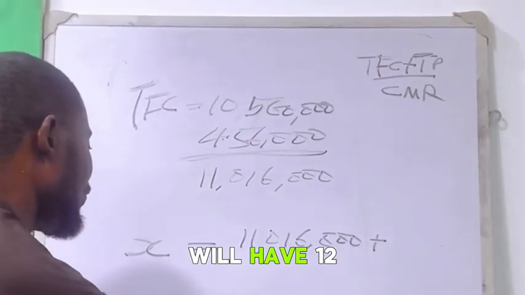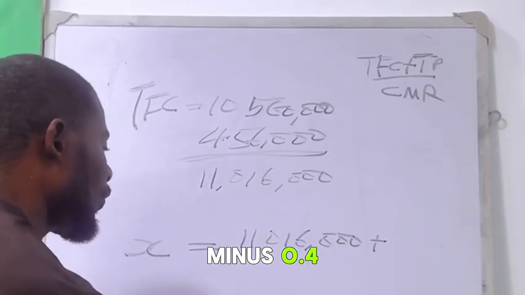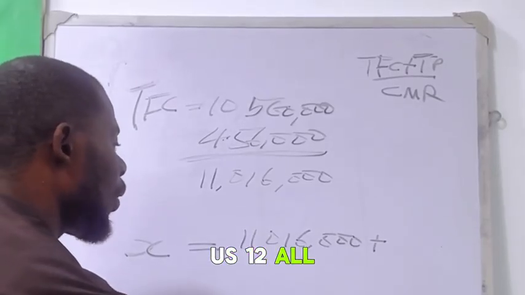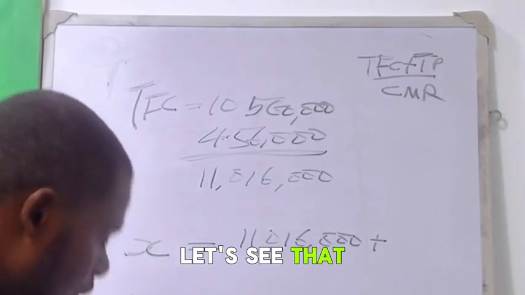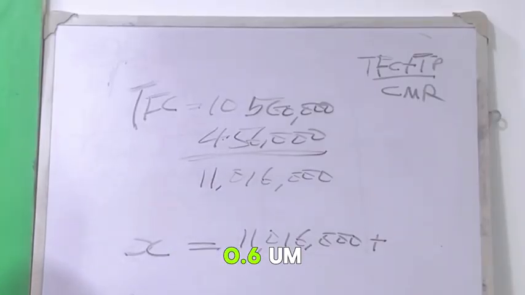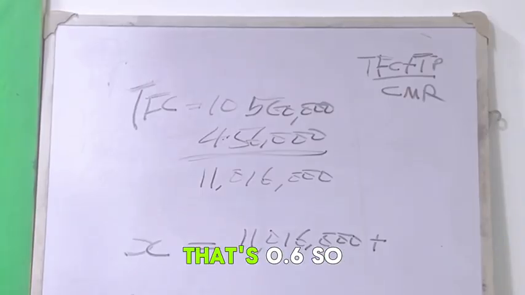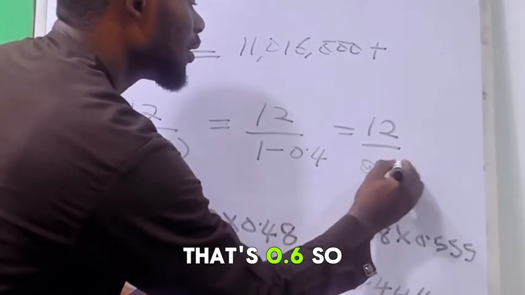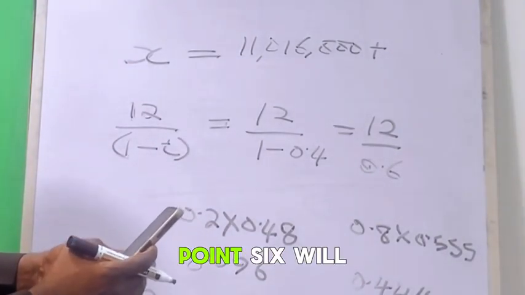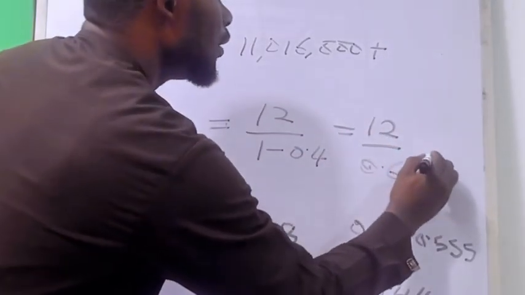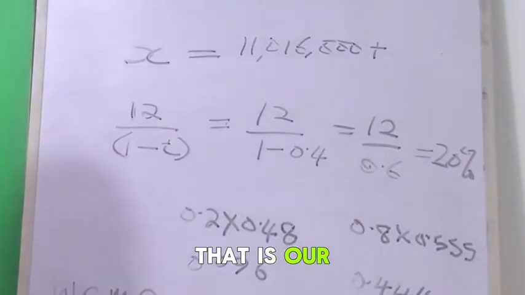That means you will have 12 all over 1 minus 0.4. 1 minus 0.4 is 0.6. So 12 divided by 0.6 will give us 20. It means we have 20%.